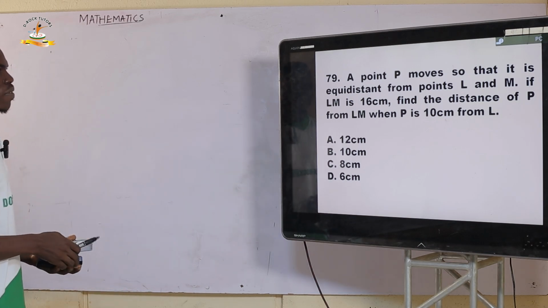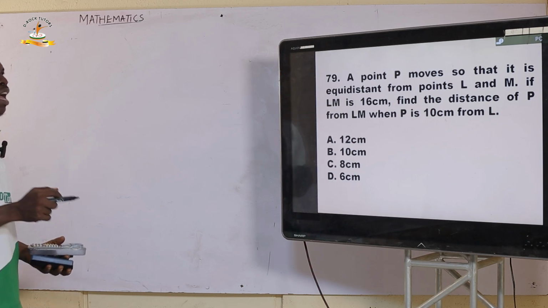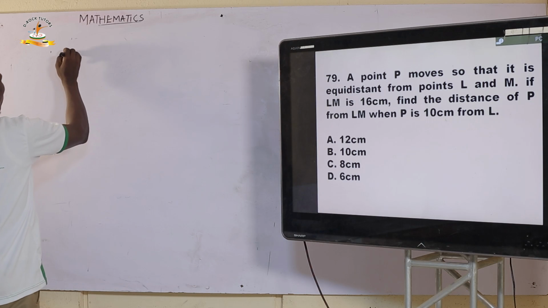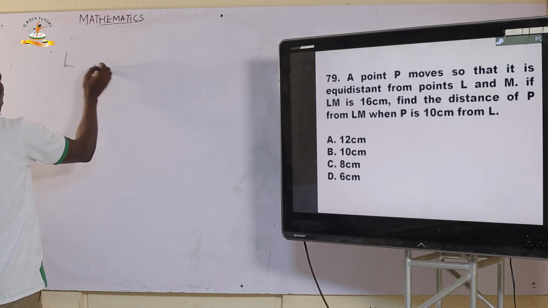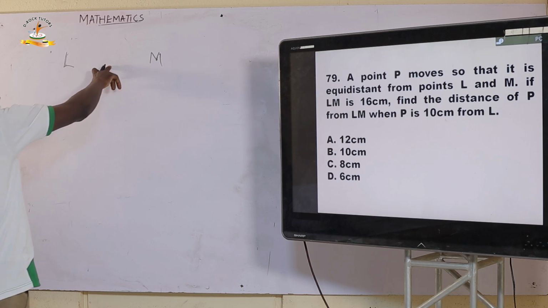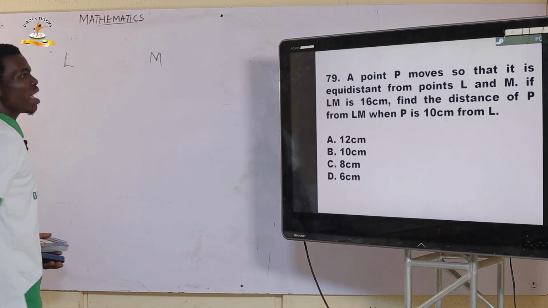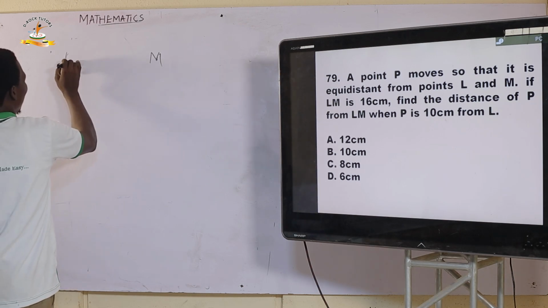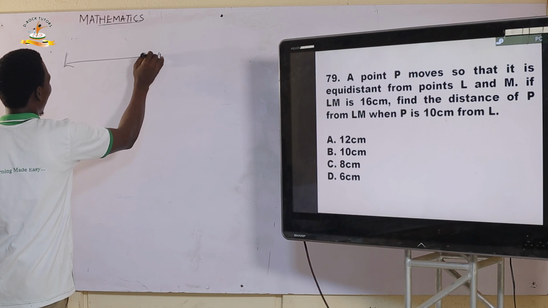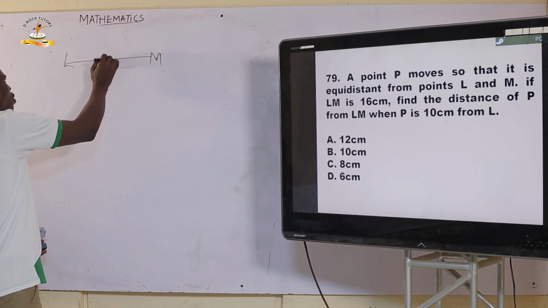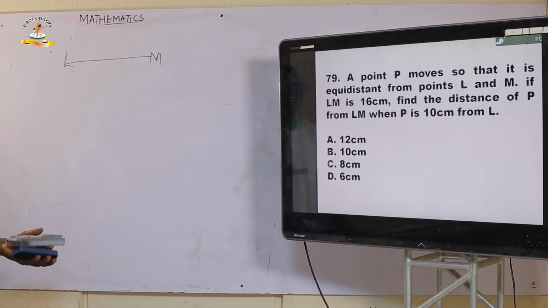There is a point P that moves so that it is equidistant from L and M. So we have L and we have M. This point will always move and it will always be equidistant from L and M. We shouldn't have an issue with that. Obviously, it is going to be a kind of perpendicular bisector of LM. And the point P is going to be at the midpoint of L and M.